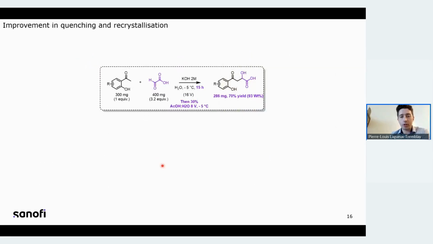So we reach essentially this next milestone where, on smaller scale or ReactALL scales, we could now improve the yield to 70% with very high purities of the compound. So we stopped after 15 hours.